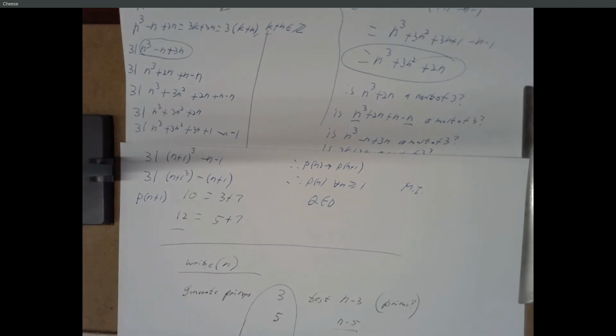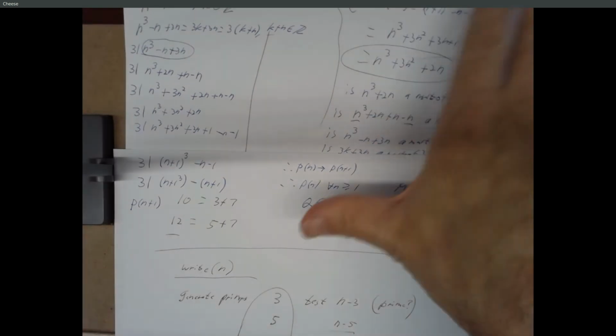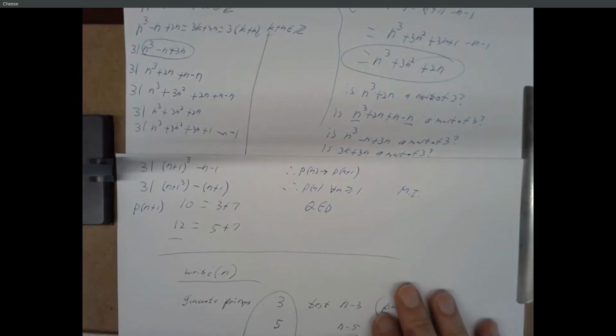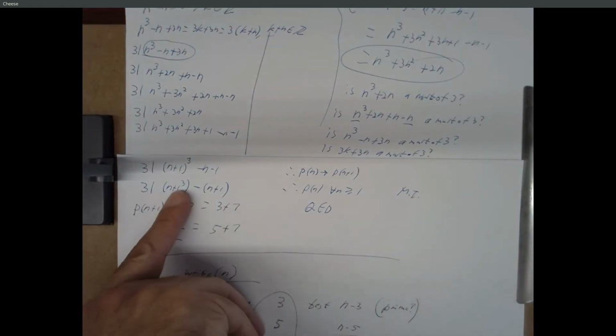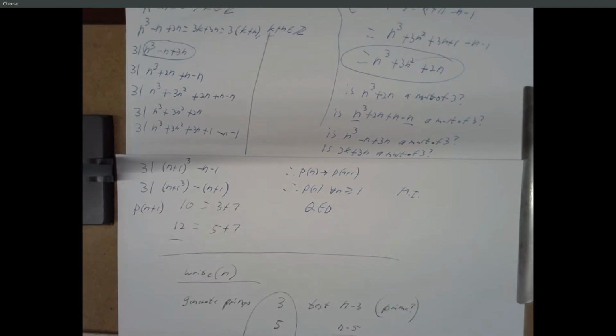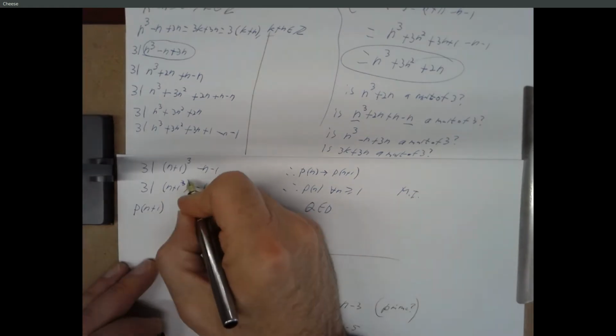And that's a really hard one to keep track of mentally where you are in this, because there's all this algebra that muddles up the scene. But the basic idea was, right, we're trying to show that n plus 1 cubed minus n plus 1 is divisible by 3.